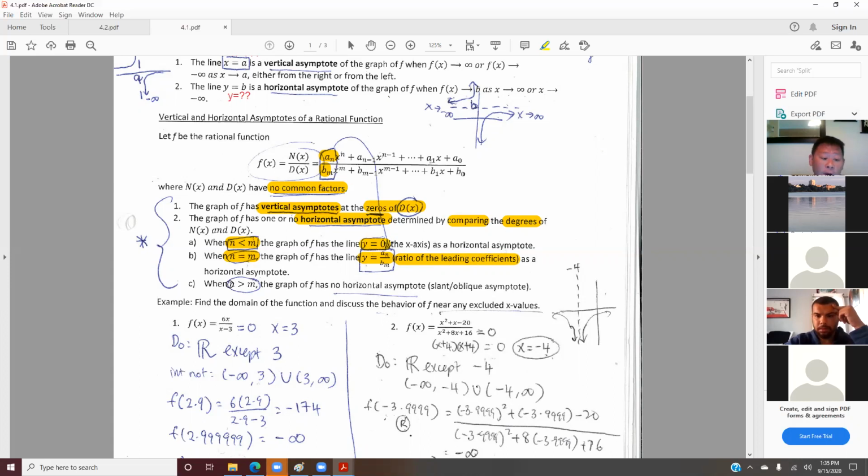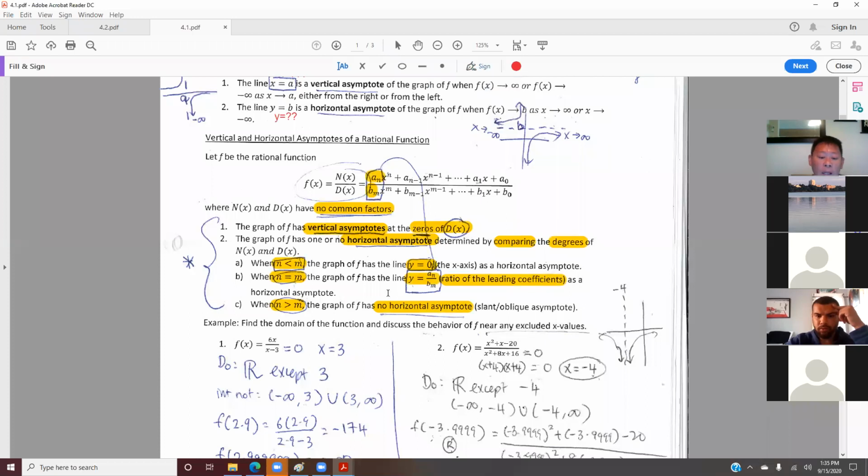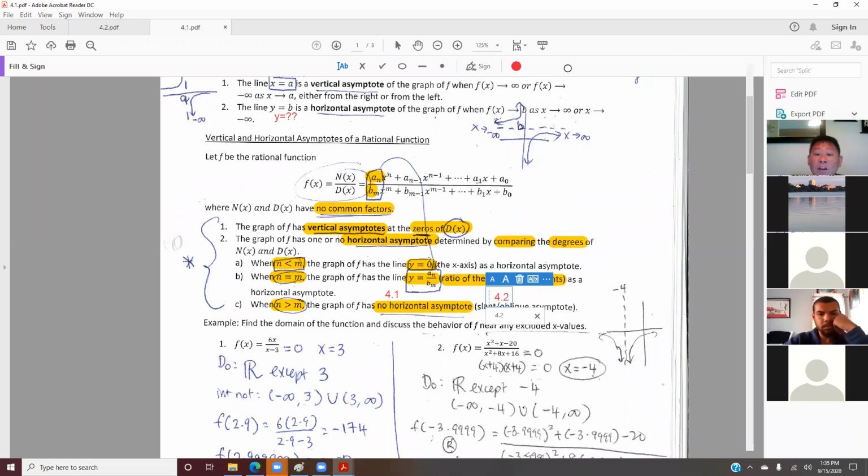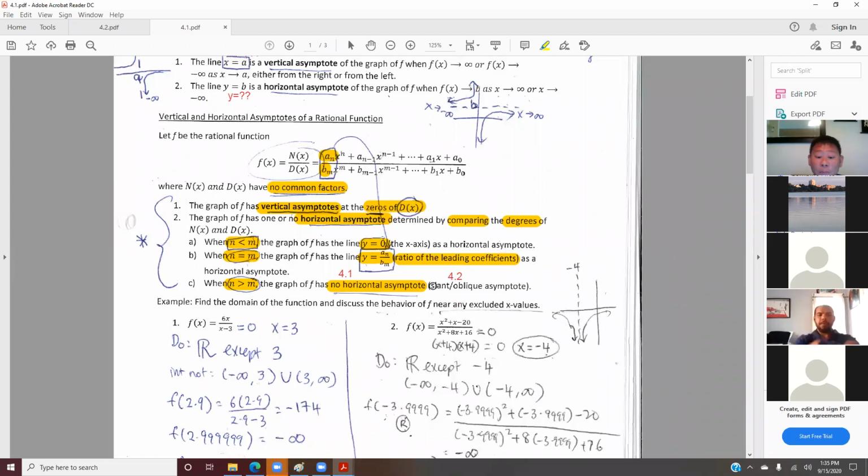If your top power is greater than your bottom power, then you will have no horizontal asymptote. So when you do 4.1, you will say there is no horizontal asymptote. But when you do 4.2, you will say that it is going to be a slant asymptote.